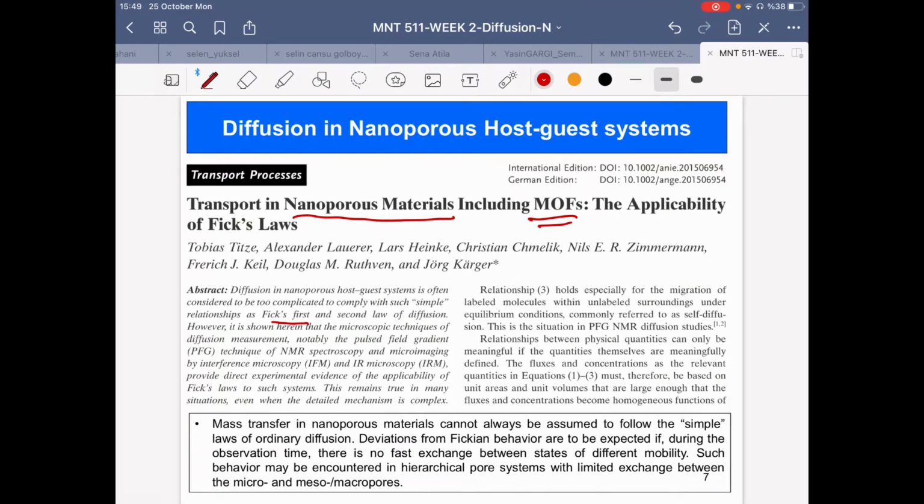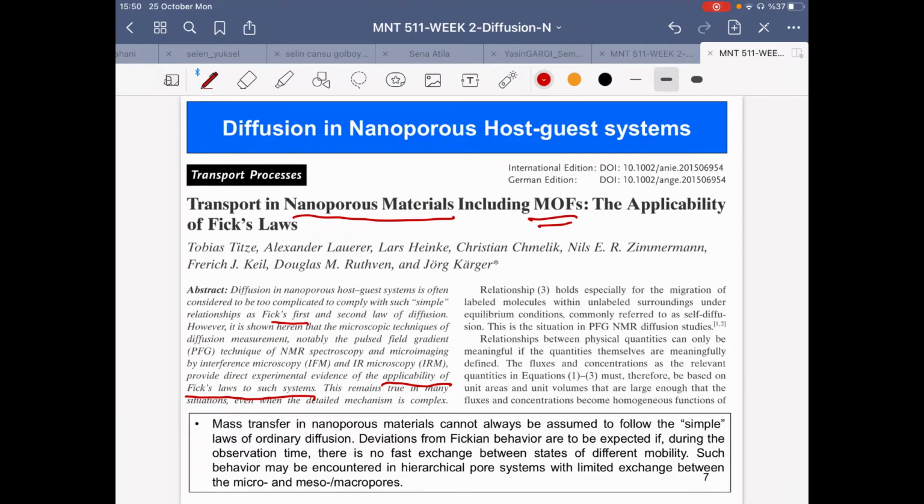However, the microscopic techniques of diffusion measurement, which they measured by NMR techniques, provide direct experimental evidence of the applicability of Fick's law to such systems. This remains true in many situations, even when the detailed mechanism is complex.